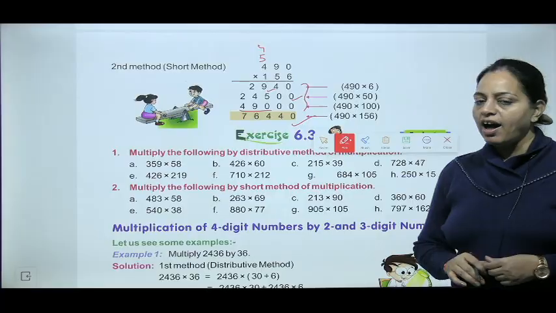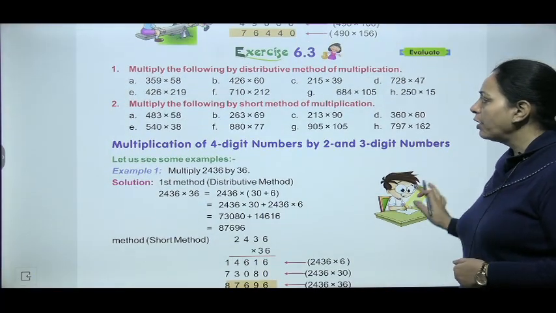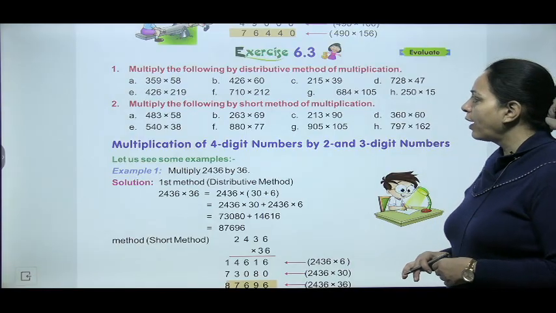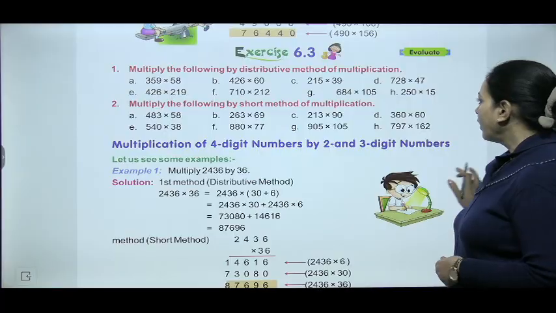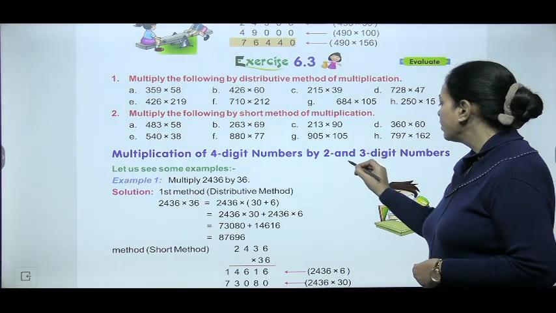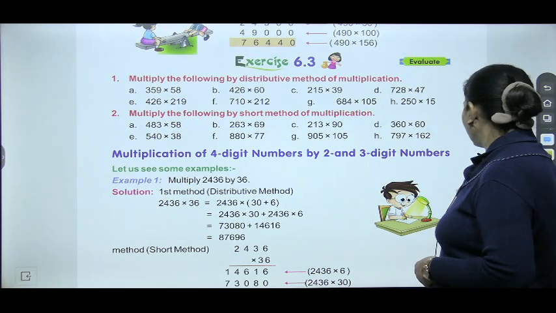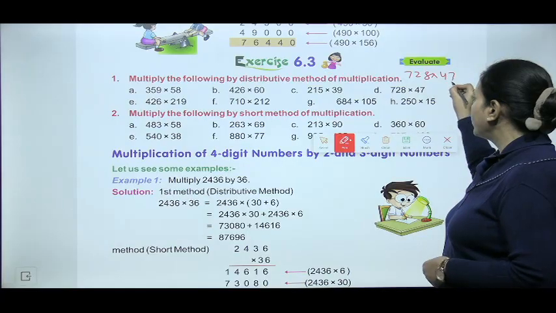This is the answer. Now exercise 6.3, question number 1, multiply the following by the distributive method of multiplication. Like here D part, 728 multiplied by 47.